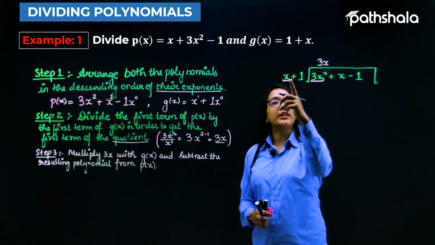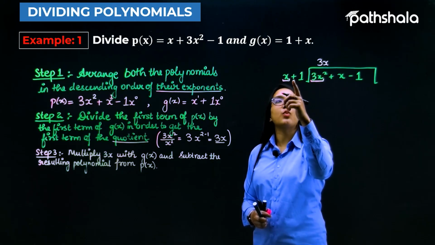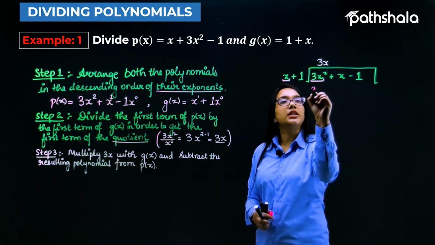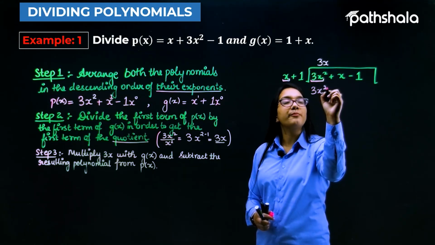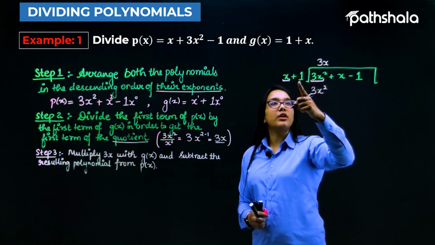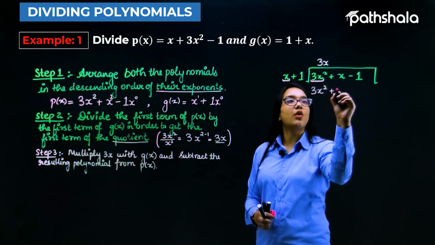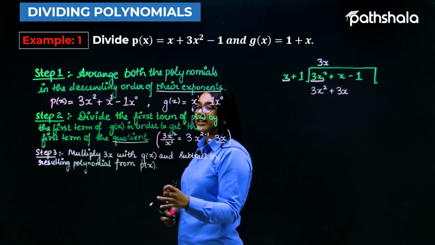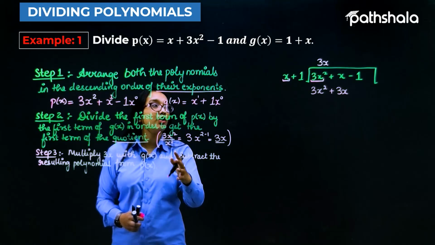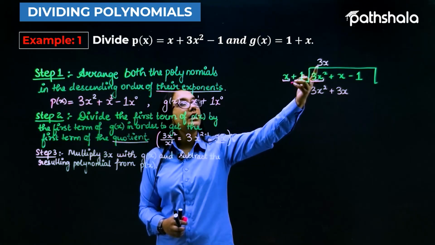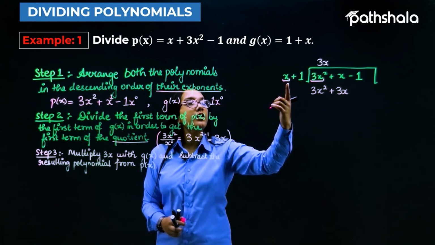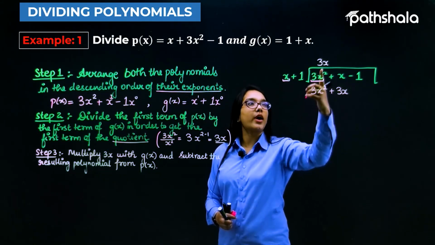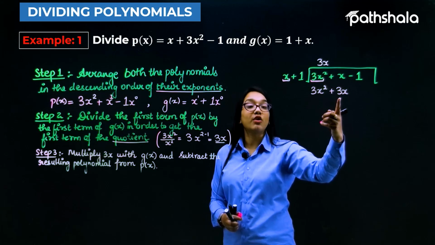So when 3x gets multiplied with x plus 1, what will we get? We will get 3x into x, which is 3x square. 3x gets multiplied with the 1, so we will get plus 3x. So step number 3 says multiply 3x with g(x). 3x into x is 3x square, 3x into 1 is 3x.